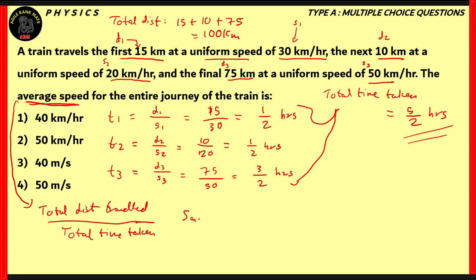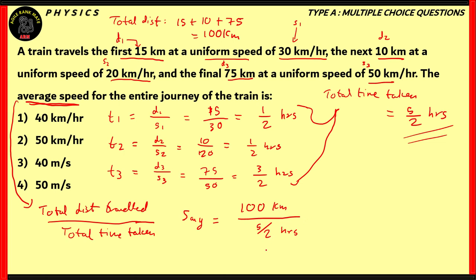So the average speed for this particular scenario would be 100 kilometers over 5 by 2 hours. That's the reason why I kept them as fractions instead of decimals, because if we kept it as decimals, this would come out to be 2.5 hours, so 100 kilometers over 2.5 hours.